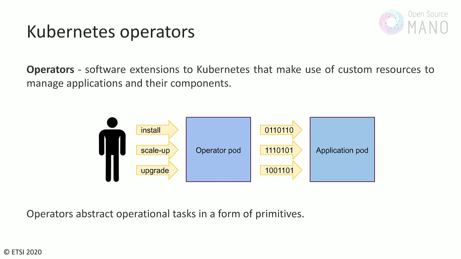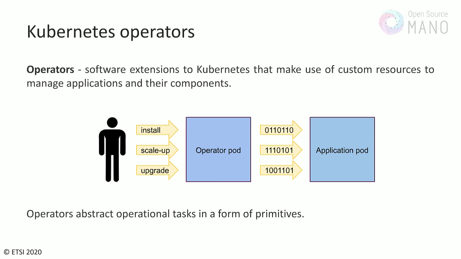And operators abstract operational complexity, abstract operational tasks in a form of primitives. So these primitives can be something like install, scale up, upgrade, change configuration, stop the service, start the service. And the only thing the end user has to care about is to execute those primitives.